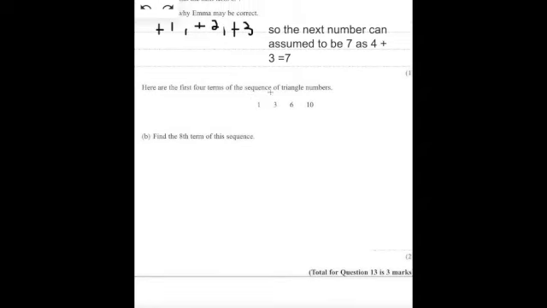You guys are always free to pause it and see if you can do it yourself before I then go through it. That's what I'd always recommend. So 1 to 3 is 2, 3 to 6 is 3, 6 to 10 is 4.